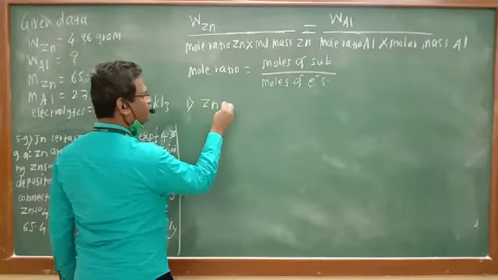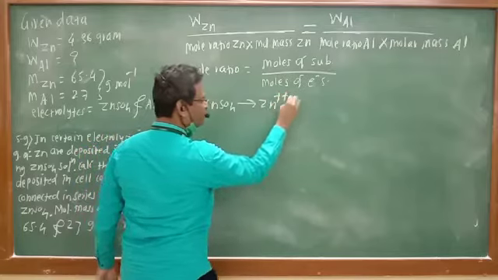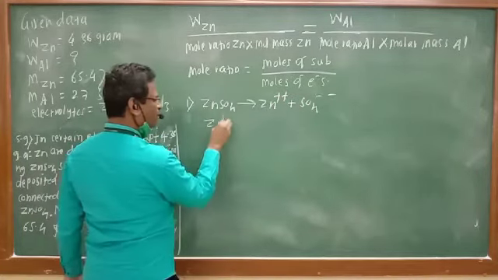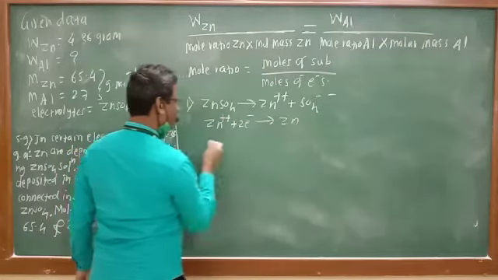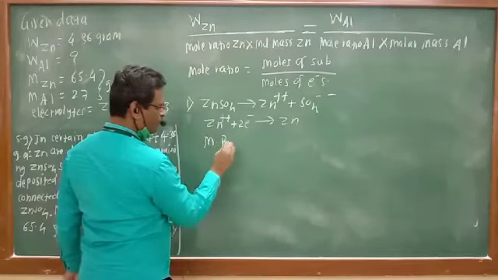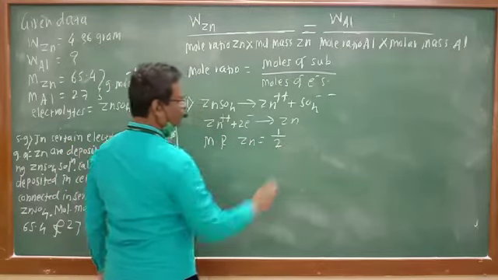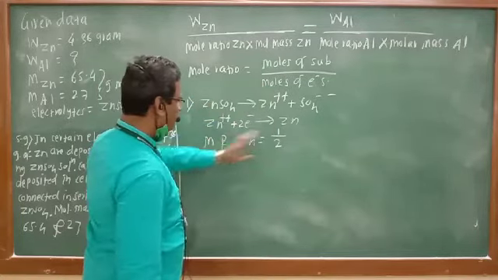For zinc, the electrolyte given is ZnSO4, which gives Zn2+ and SO4 2-. Therefore, Zn2+ plus 2 electrons gives Zn. What is the mole ratio? Mole ratio of zinc will be equal to 1 divided by 2. Mole of substance is 1, moles of electron 2, so 1 upon 2.